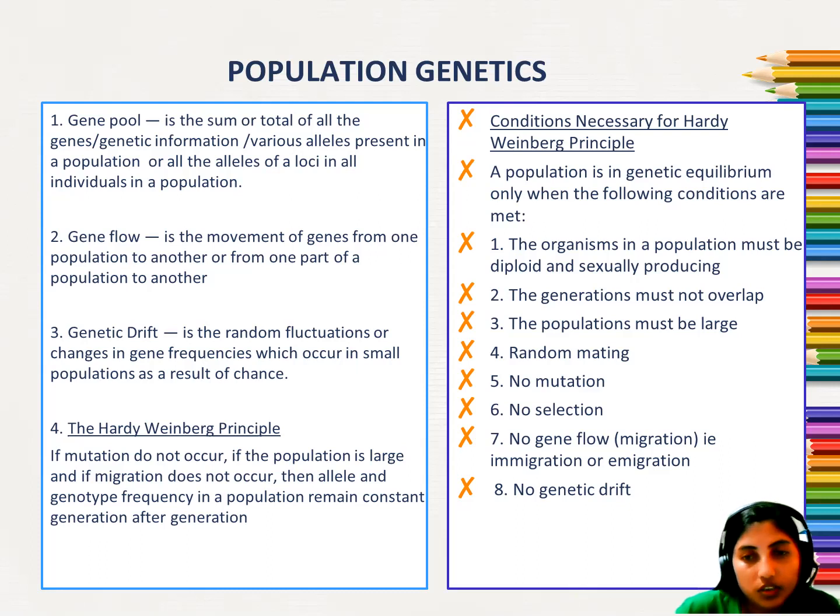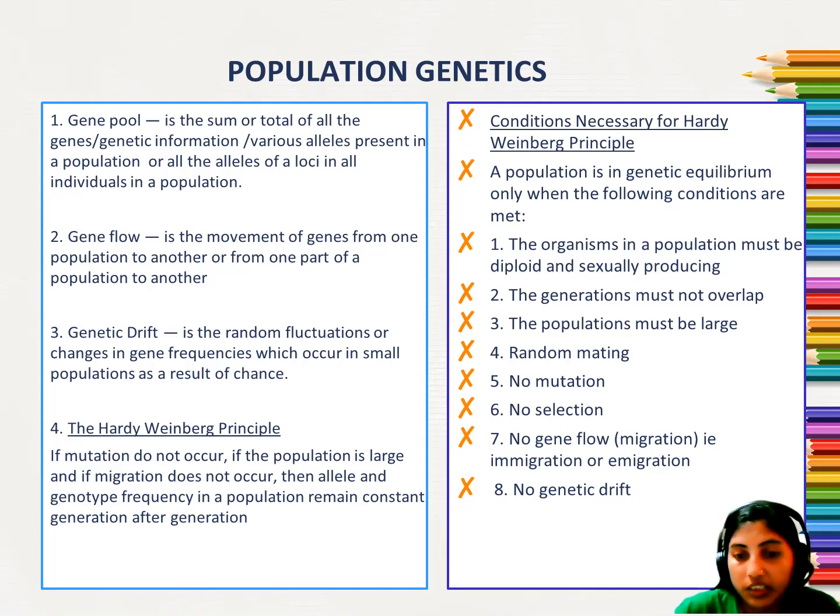So here, their conditions were, if a population has to maintain its equilibrium, then it has to have all these conditions in it. That means no mutation, no natural selection, there should be random mating happening. Population should be very large. The small population will always try to break the equilibrium.